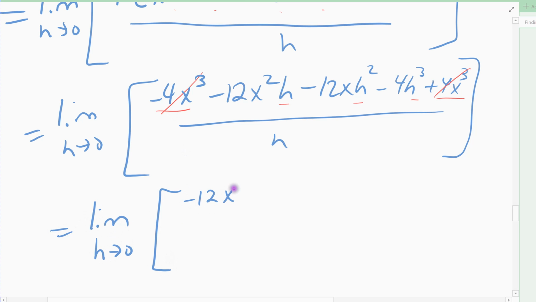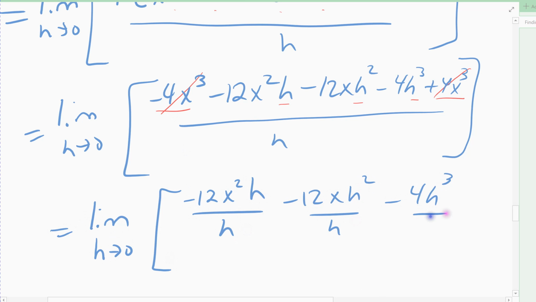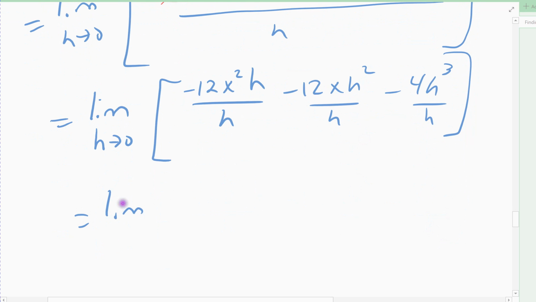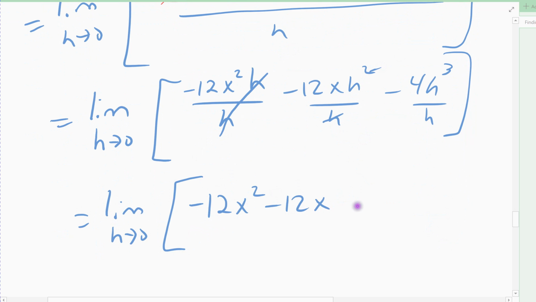I've got negative 12x squared times h divided by h, negative 12xh squared divided by h, minus 4h cubed divided by h. I'm going to get rid of the divide by h now. In the first term, those are gone, leaving negative 12x squared. One of those is gone, so negative 12x times an h. One of those is gone, and so negative 4h squared.